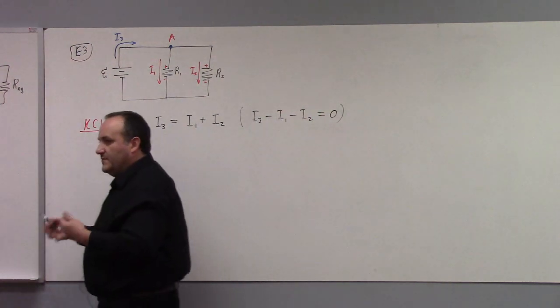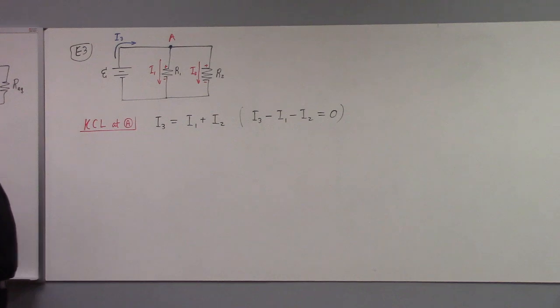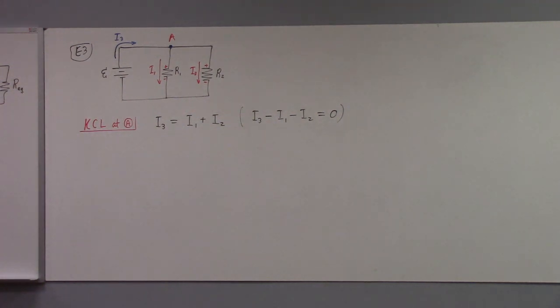There I'm saying the sum of the currents into the node. If I do that, I1 and I2 are going out of the node, so I have to do minus them to consider them as inward currents, right? But anyway, you can write down I3 equals I1 plus I2 if you like. That's fine. And then what else can we say?